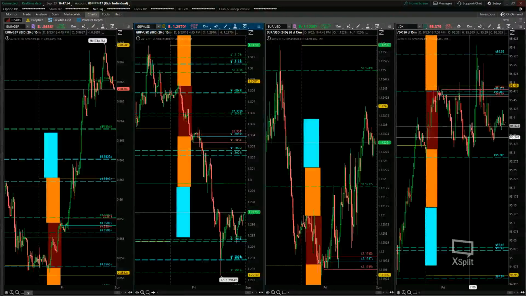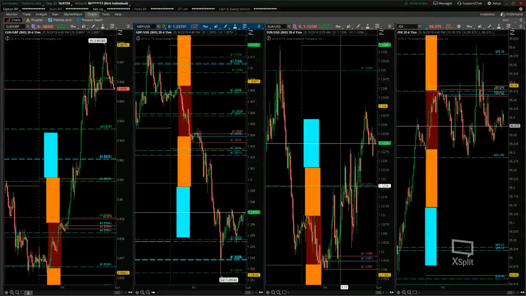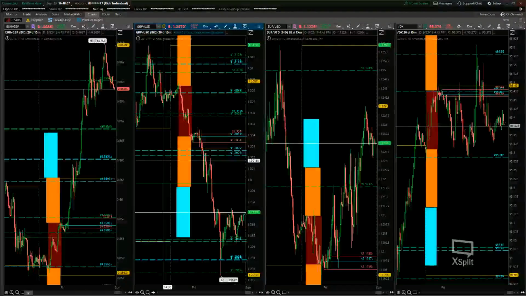So basically what's happening is the dollar and euro aren't doing that much, but the British pound and euro British pound are duking it out. That's what your eyes got to get used to. You look at it, you see it, especially live, and you start to see a correlation.